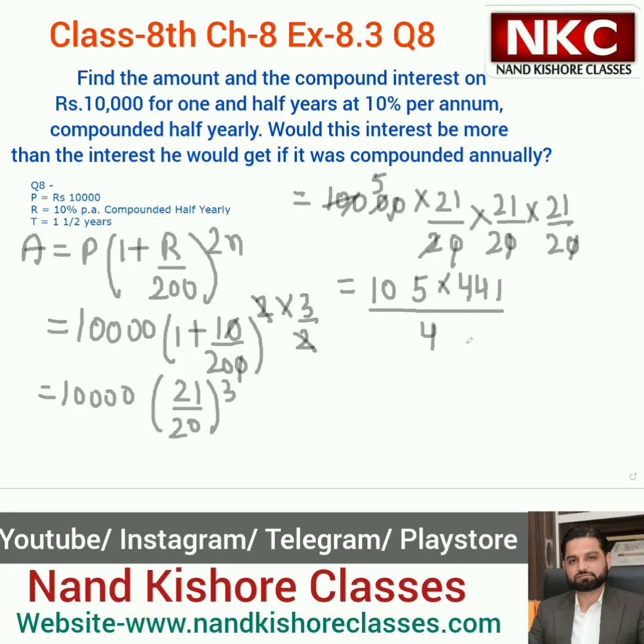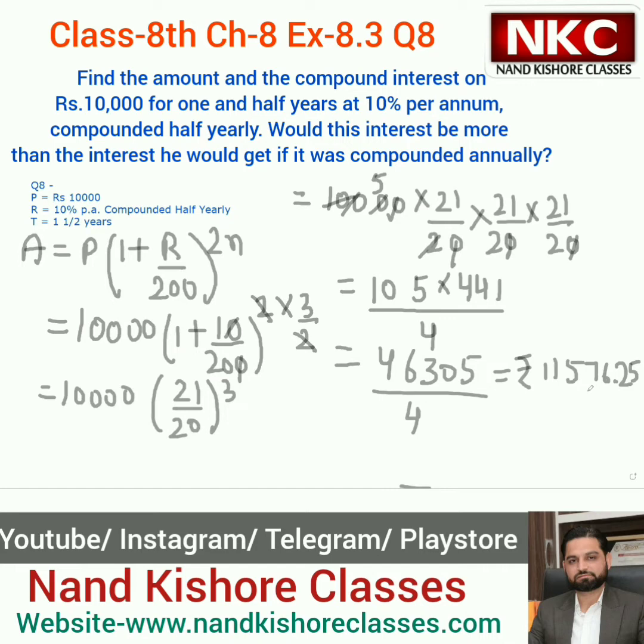We get 46305. Dividing it further by 4, we get rupees 11,576.25. This is what the amount is.